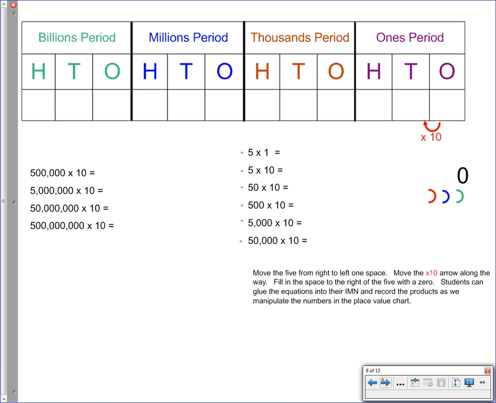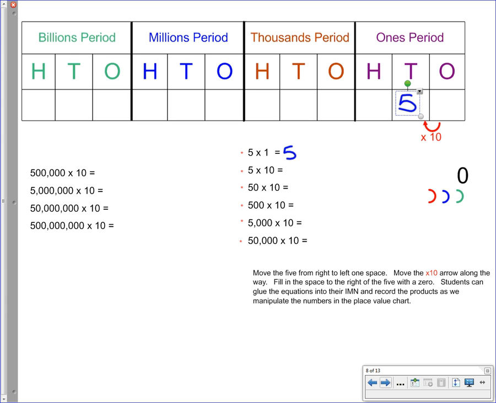Okay, let's look at an example where it's not 10. So, for example here, if I was to put a 5 in the ones place, 5 times 1 would give me 5. Well, what if I took that 5 and I moved it over to the tens place? Now I'm doing 5 times 10.